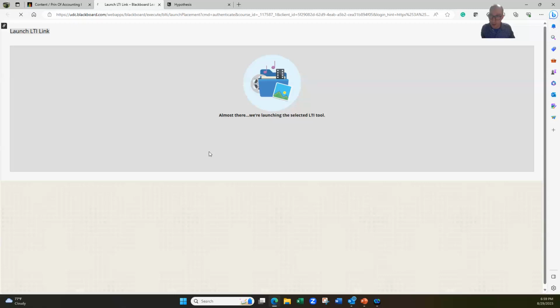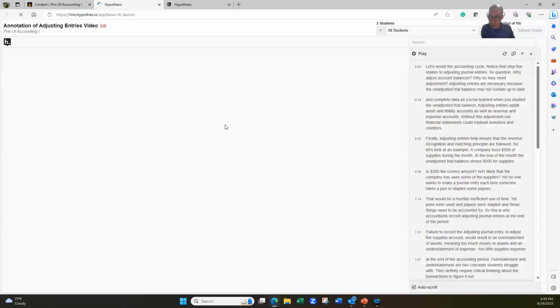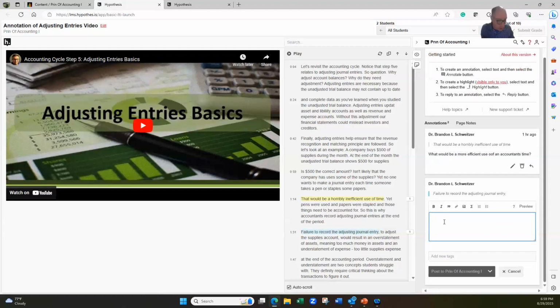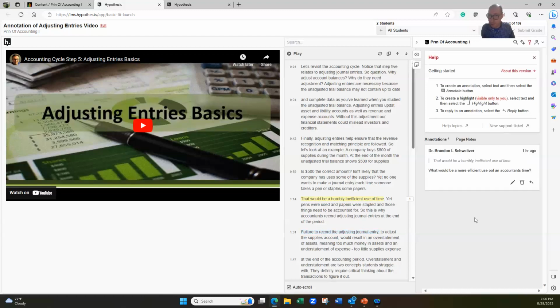And the way you do that is you open it up, you'll come in here, you'll make a highlight, like I did here. You'll highlight an area of interest from the transcript of the video, and you'll click annotate, and then you'll write in your annotation. Doesn't have to be long. It could be a question, it could be 1 sentence, a statement, or you're reinforcing that concept. That's a form of an annotation.